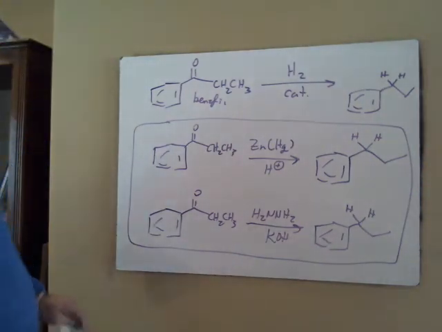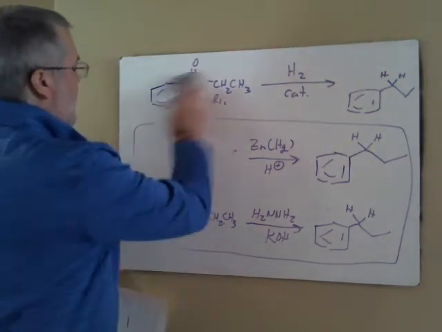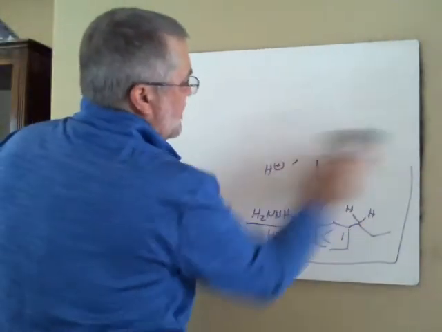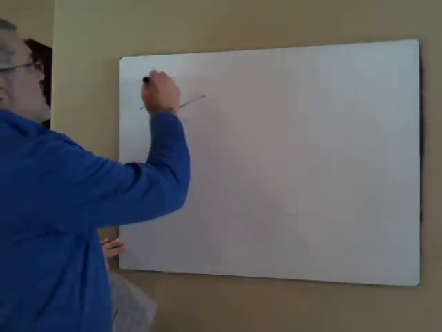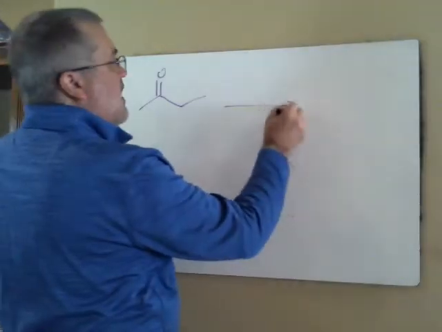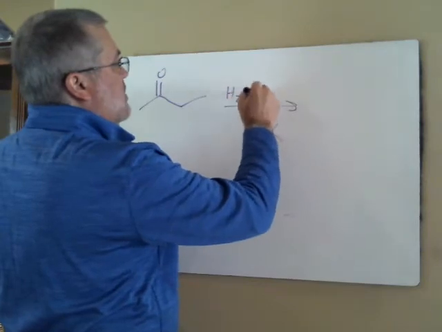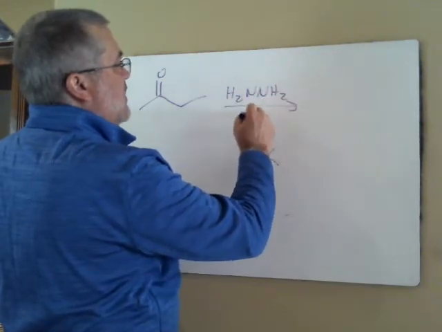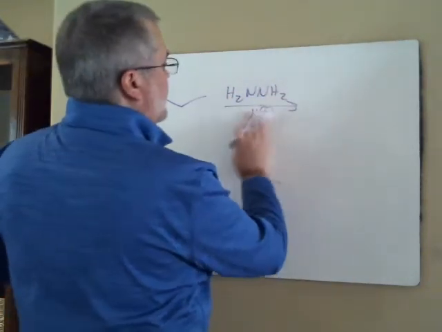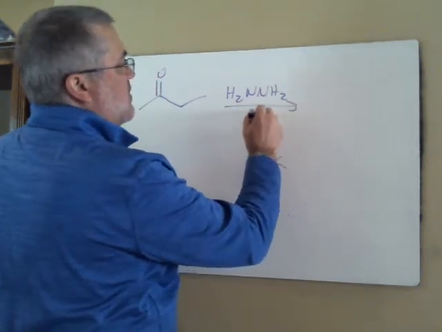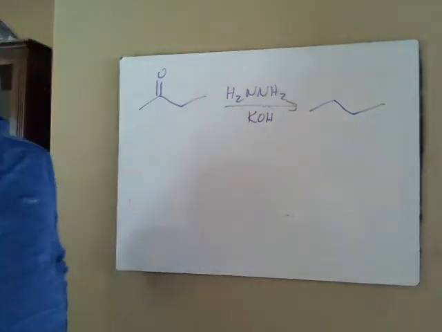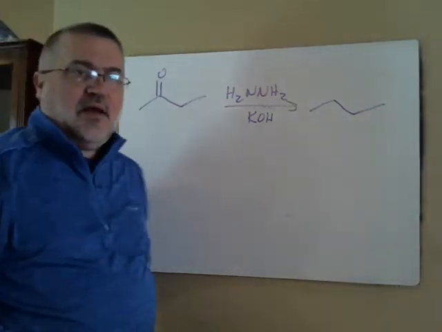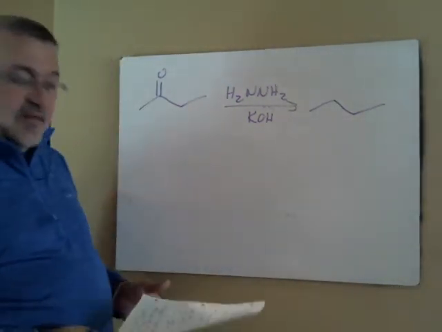And so just to emphasize that with our new reaction, what that means is if I have this ketone and react it with hydrazine, potassium hydroxide, I will in fact reduce to the alkane. It doesn't have to be benzylic. All right?